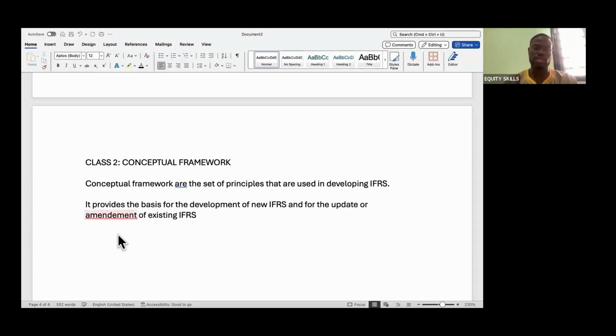Anytime they need to amend any existing IFRS, they would basically use this conceptual framework. So it's a very important part of whatever it is we are going to be looking at.